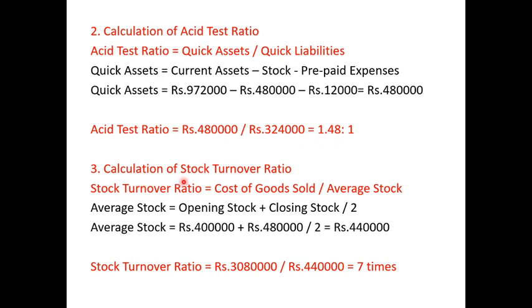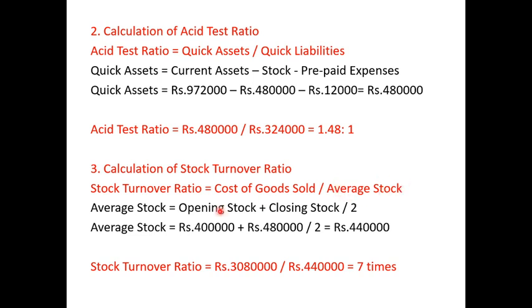Then we have to calculate the stock turnover ratio. The formula for stock turnover ratio is cost of goods sold divided by average stock. In the problem, cost of goods sold is directly given in the statement of profit, so there is no need to calculate it again. Then we have to calculate the average stock.